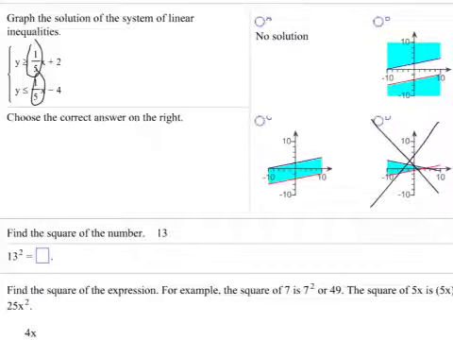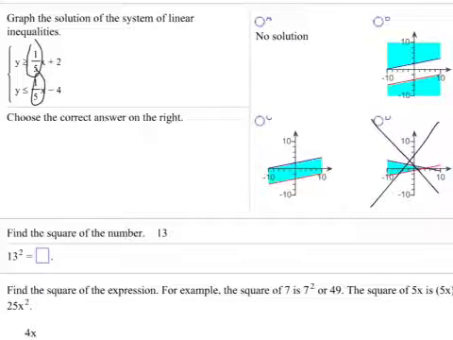Now remember that if we were talking about a system of equations, that would also mean that there would be no solution. But that's not necessarily true on a system of inequalities because the shading might still overlap. These two lines don't overlap, but the shading might overlap.